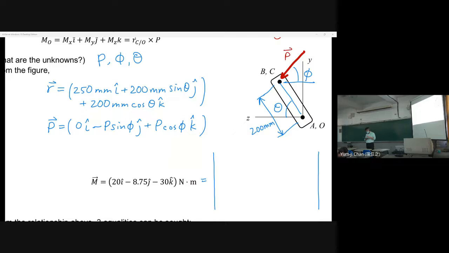In the first row, we have i, j, and k. On the second row, what should we write in?